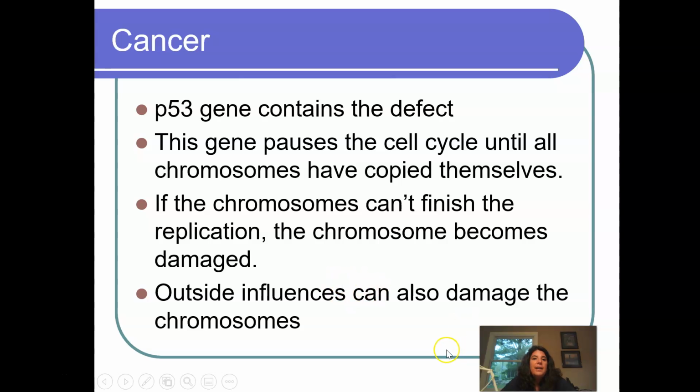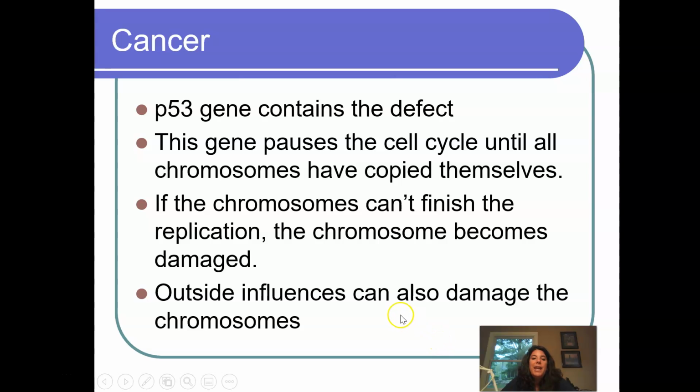We do know some genetics about cancer, specifically looking at the p53 gene, which is a gene that contains a defect that can lead to cancer. This gene's job is to basically pause the cell cycle until all of the chromosomes have copied themselves, so it happens during the S phase.